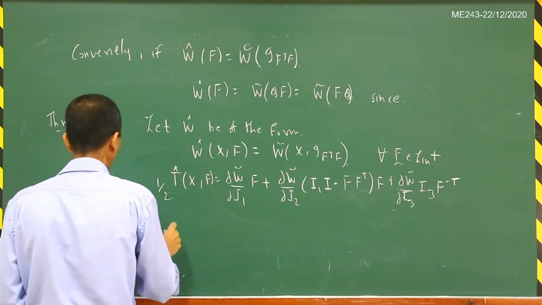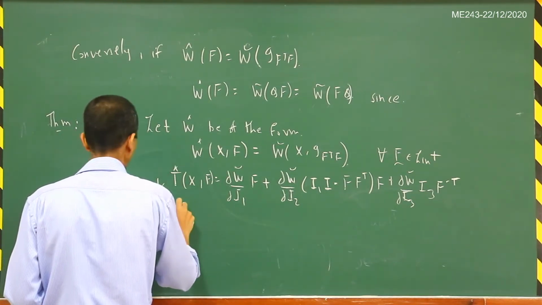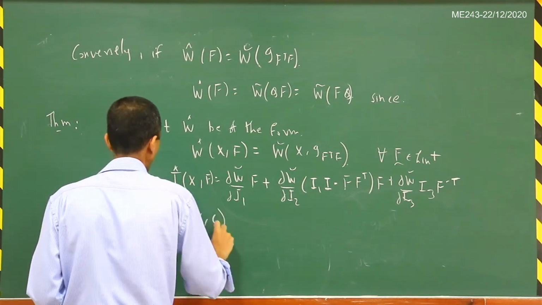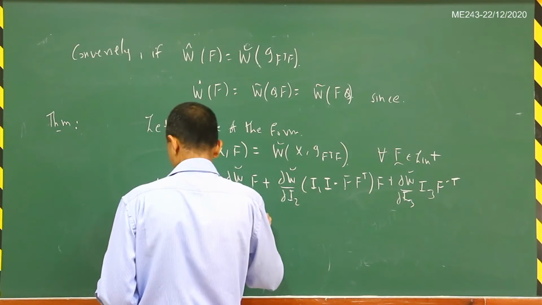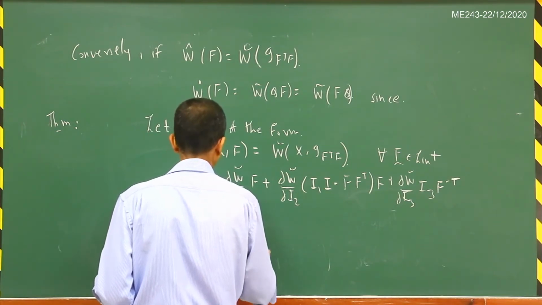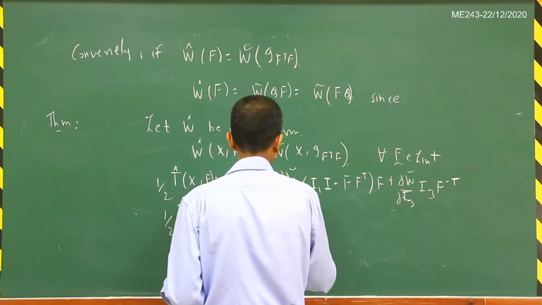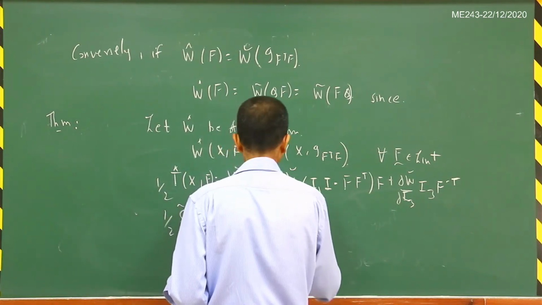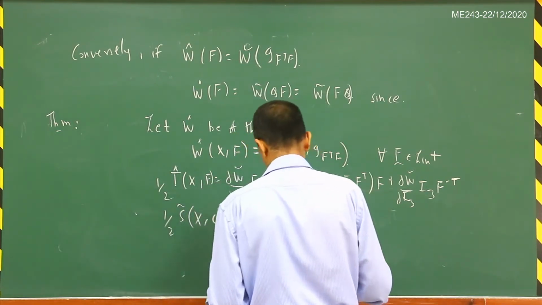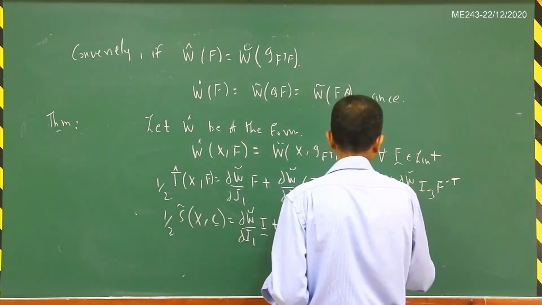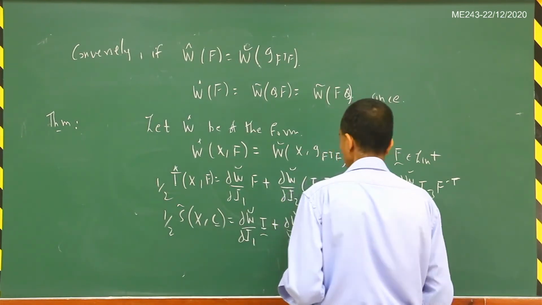And then similarly the expression for the second Piola-Kirchhoff stress is S tilde of x comma C is equal to del W by del I1 times I plus del W by del I2 times (I1 I minus C) plus del W by del I3 times I3 times C inverse.